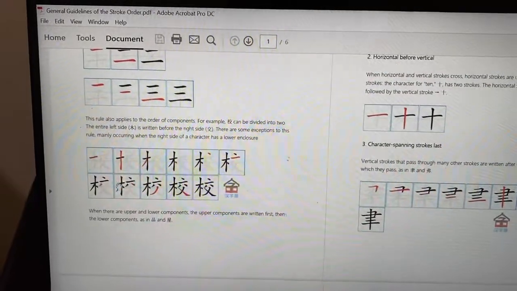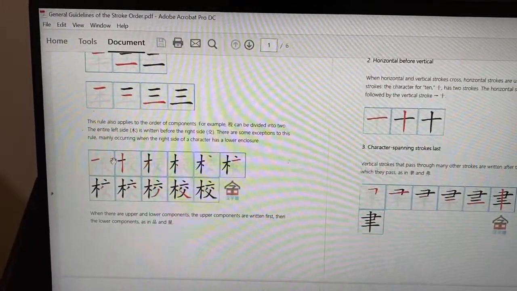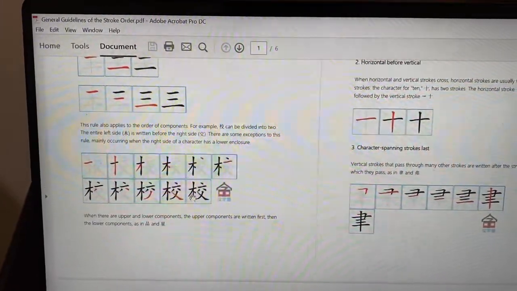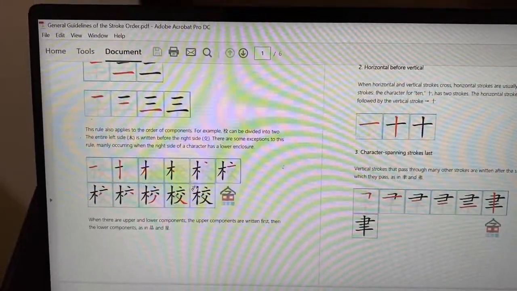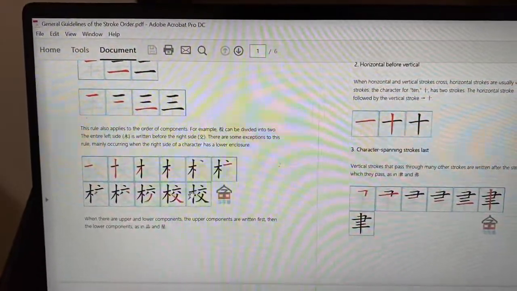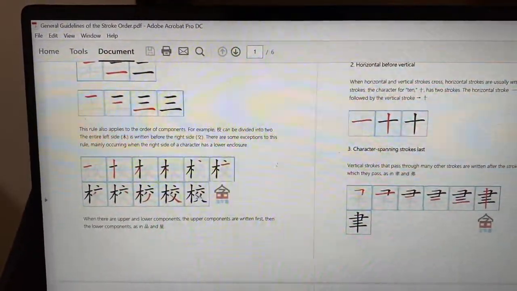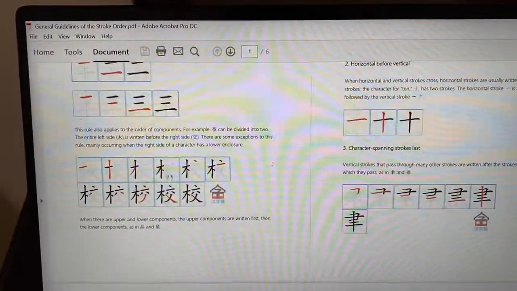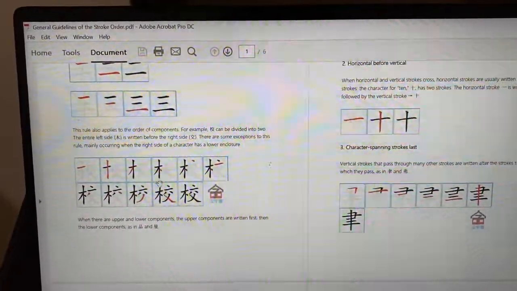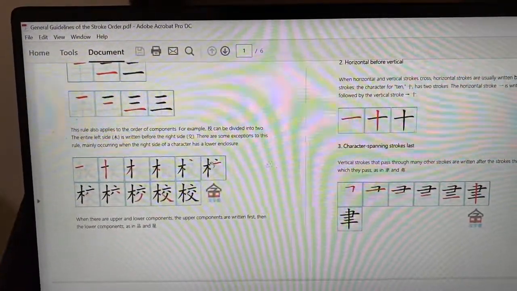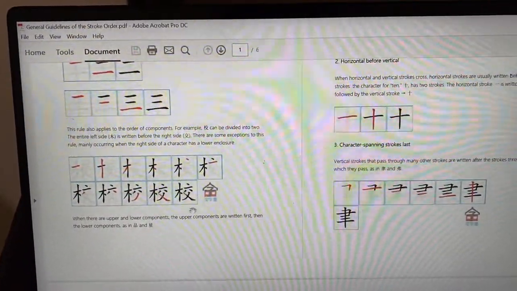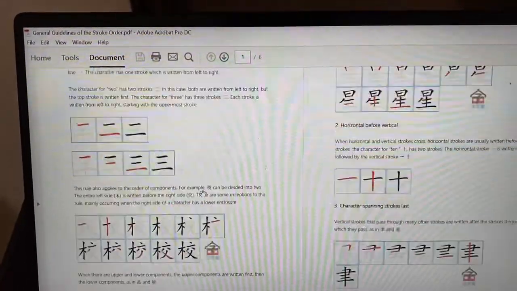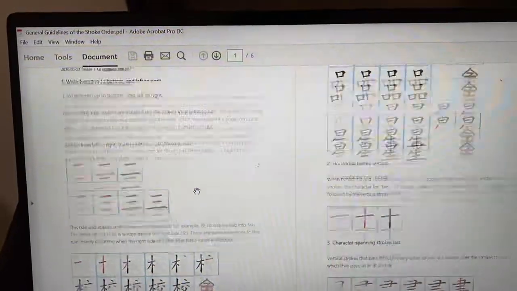Similarly, if you have 2 parts in a complicated character like this one, we call them radicals, the left radical and the right radical, and we write the left one first. As you see here, we write this mu first, and then you start to write the right part. So this is rule 1, from top to bottom and from left to right.